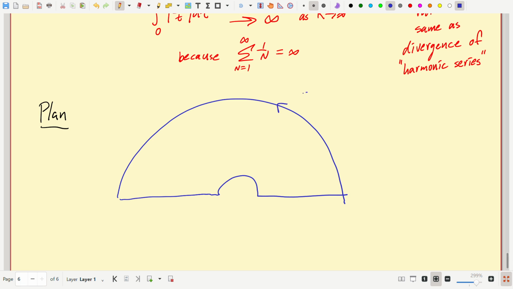I'm going to go around a CR like this. I'm going to have a left straight line piece. This is minus epsilon, this is plus epsilon, this is plus r, this is minus r. I'll call these L1 and L2. And this is going to be clockwise. That's going to be my contour.